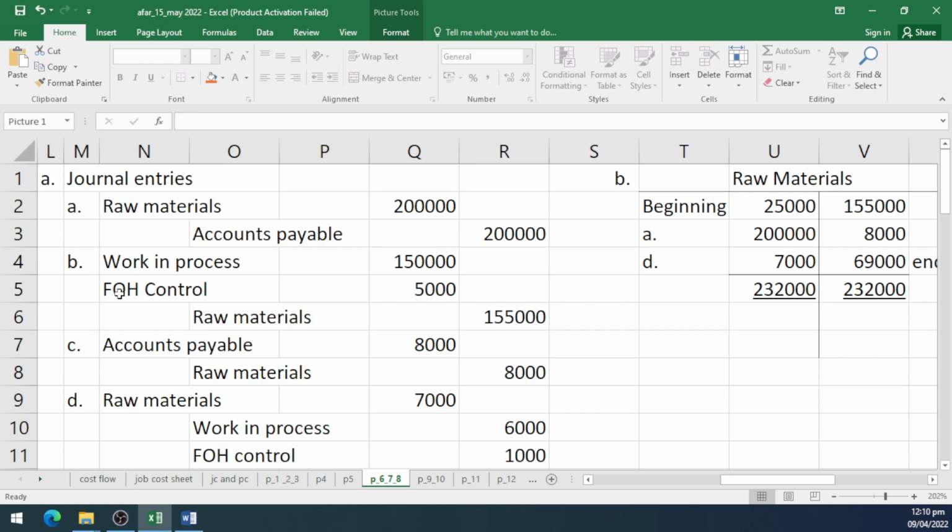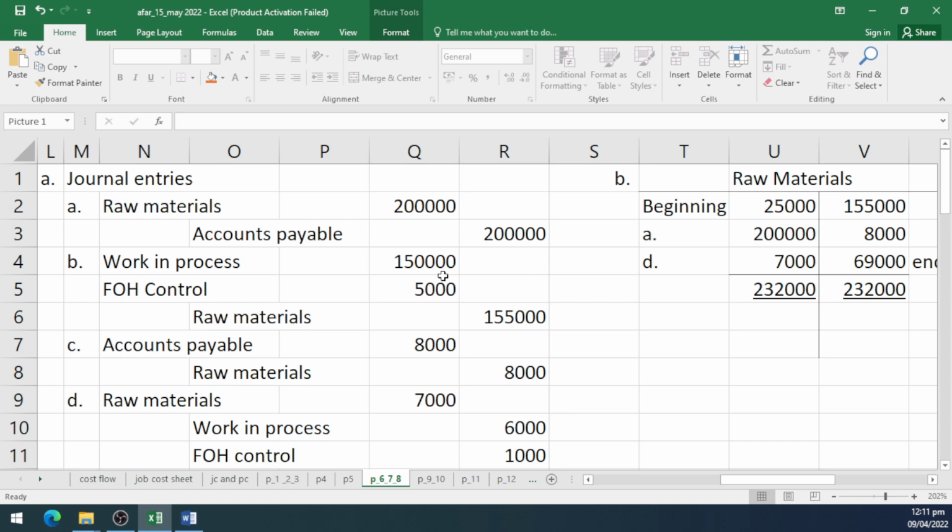To record the purchase of raw materials on account, so you have here, debit to raw materials, credit to accounts payable. Then, to record the issuance of materials, 150,000 direct materials, and then 5,000 for indirect.